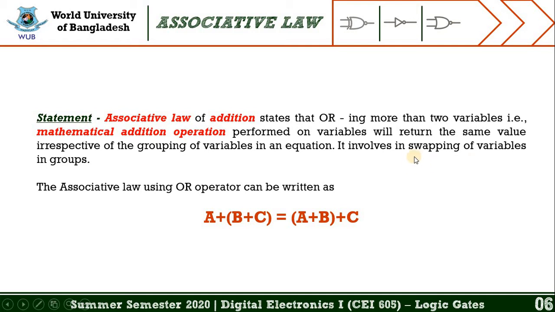It involves swapping of variables in groups. The associative law using OR operator can be written as A plus (B plus C) is equal to (A plus B) plus C.